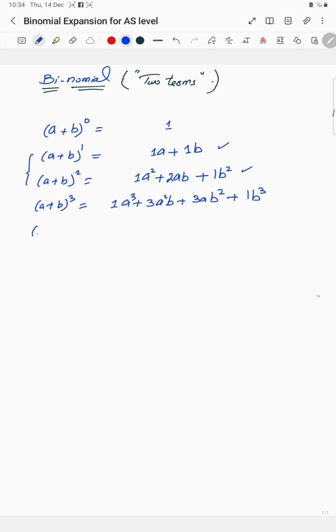And similarly, what will (a plus b) power 4 be? You can keep multiplying, (a plus b) whole square two times with itself. You will get 1a to the 4 plus 4a cubed b plus 6a squared b squared plus 4ab cubed plus 1b to the 4.